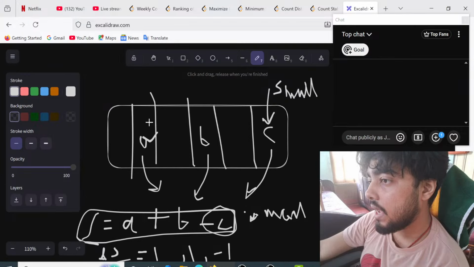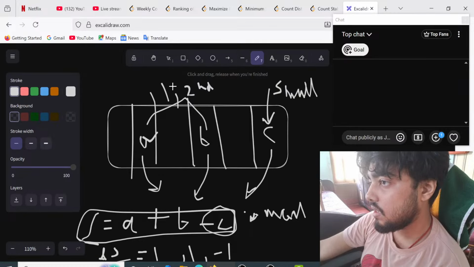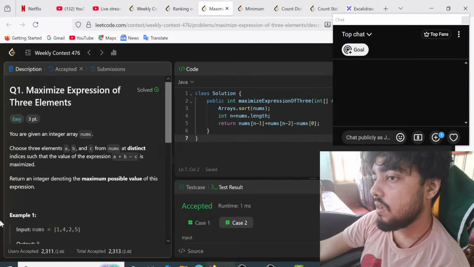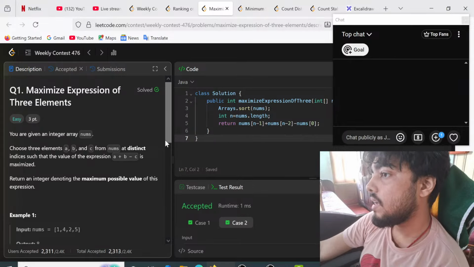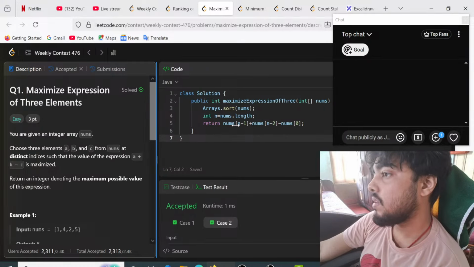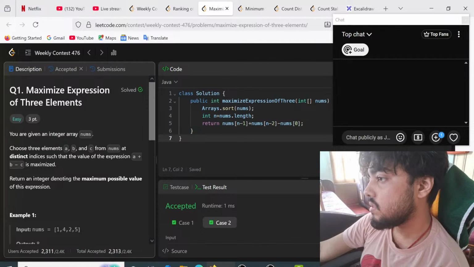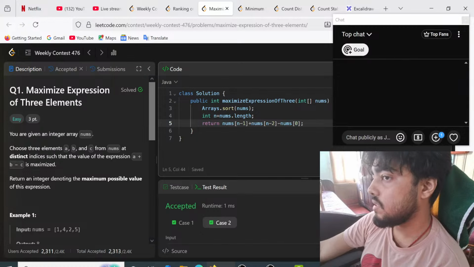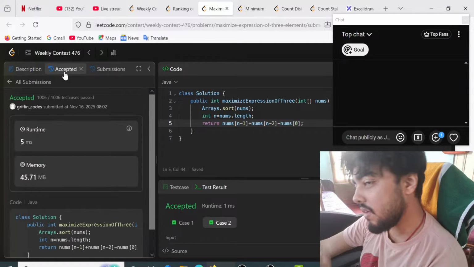And for A and B, we have to find the largest and second largest. How to do that? It's very simple. Sort the whole array and A is the largest number, n minus 1, B is the second largest number, n minus 2, and C is the smallest number. You get the answer. Okay, very simple question.